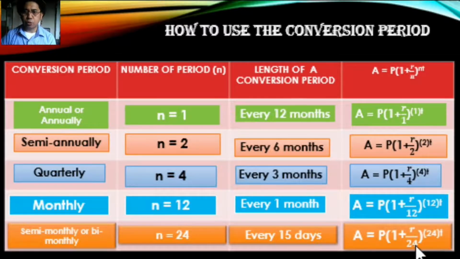So you can see here, divisor 24, and also as a factor in your exponent. So this is how to make use of the conversion period in your working equation. Again, it is used as a divisor when you compute the periodical rate and as a factor in your exponent. So that is how to use the conversion period.